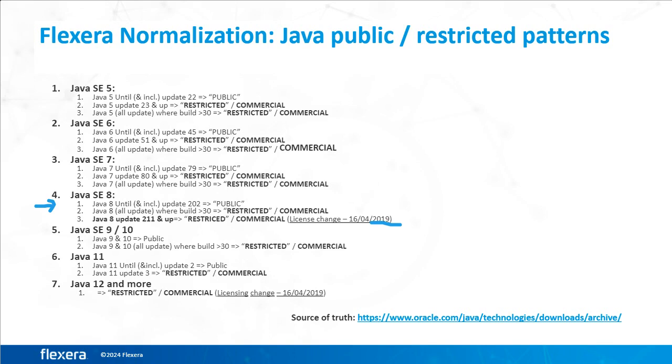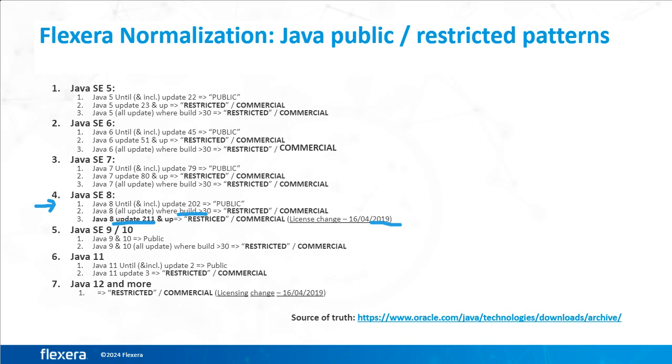Everything was commercial. Before it was public, if you decided to not subscribe for support or commercial features in use. But for some builds, and this is relevant, if you received a special build due to a contract with Oracle and so on, here build number 30, it's again commercial, and we see similar patterns in the other Java versions, right?